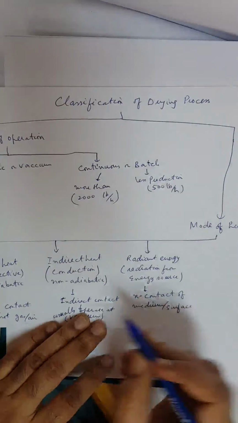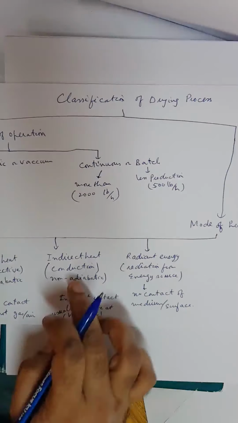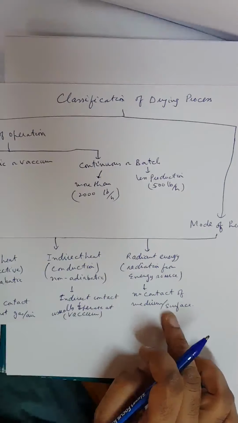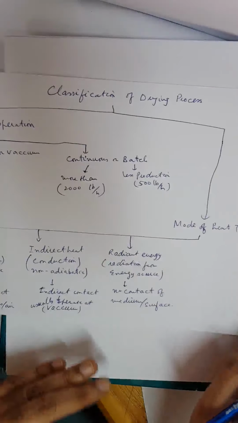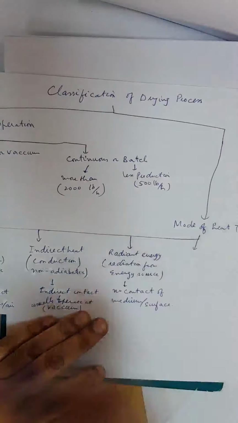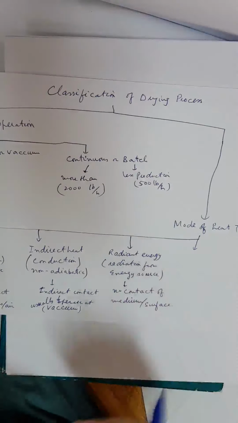Here in direct we have contact with the medium like air or hot gas, in indirect we have contact with a surface. Energy source means the sun, basically.